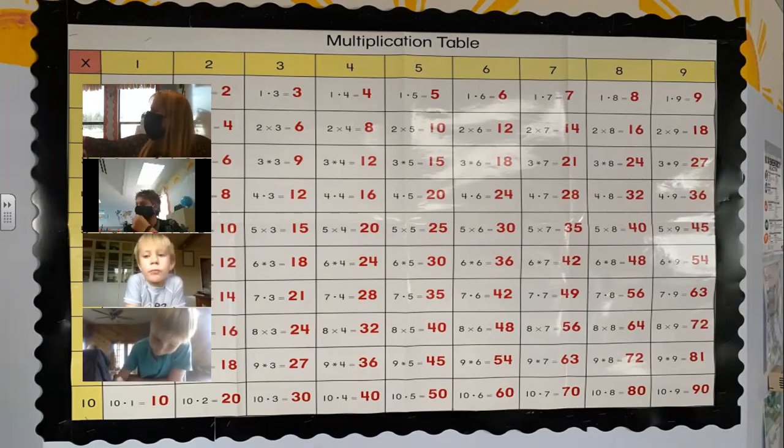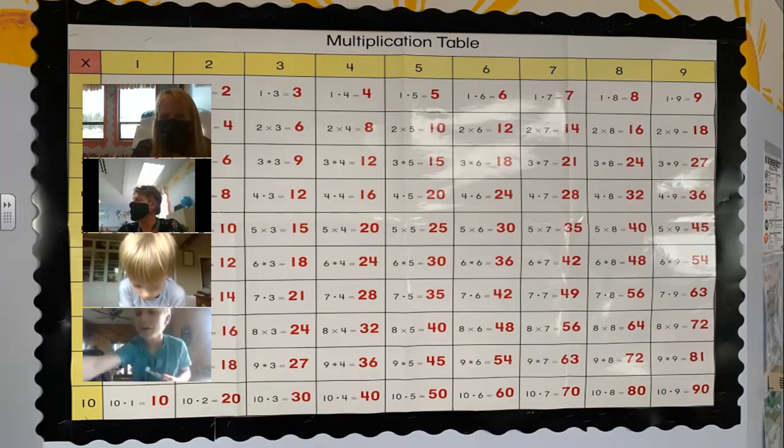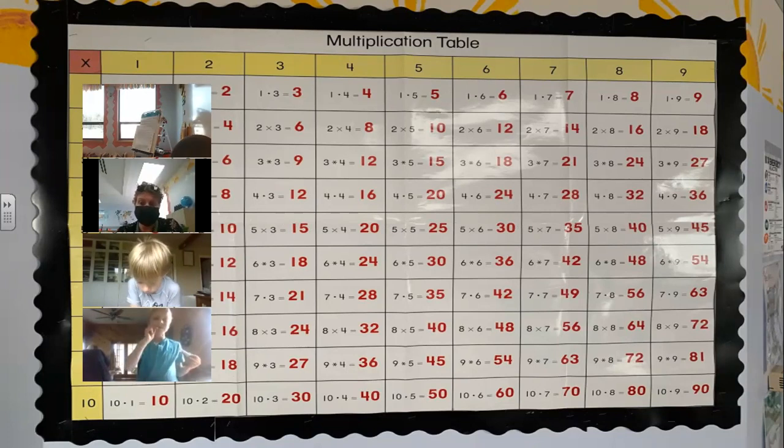Don't forget your equal sign. Remember, if your sum doesn't end in a 0 or 5, it's not the product of a 5's count by. All of our 5's products end in a 0 or a 5, right? So if you write the number 21, you know that something's wrong, right?